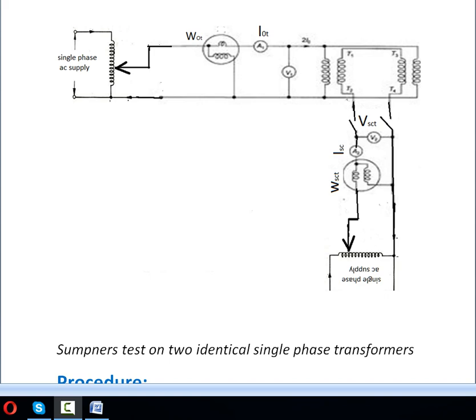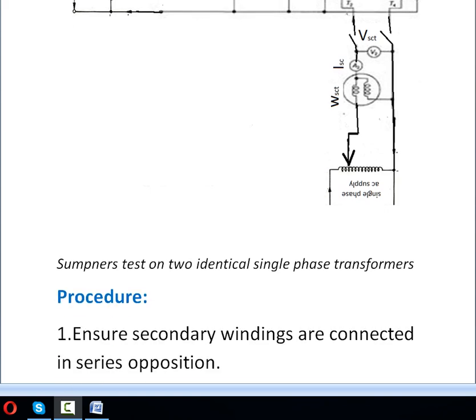This wattmeter shows the total iron loss of both the transformers. This ammeter shows the total no-load current of both the transformers, whereas this voltmeter shows the rated voltage applied to the primary windings.